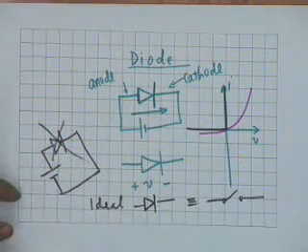Alright. So, what then limits the current in the diode? Obviously, we shall have to have an external resistor in the circuit. A typical diode circuit would be like this.